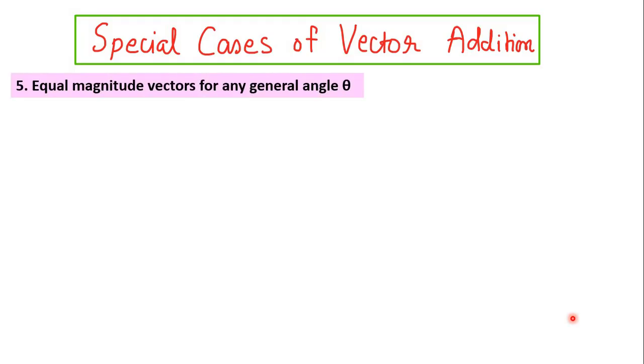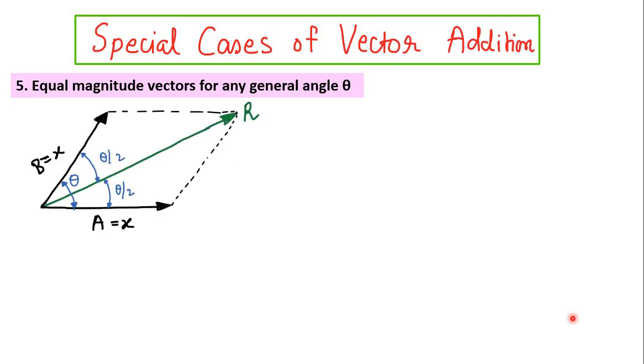Fifth special case, equal magnitude vectors for any general angle theta. Okay, so we have seen different angles like 60 degrees, 120 degrees, 90 degrees. Let us find out the answer for a general angle theta and both vectors having the same magnitude x.